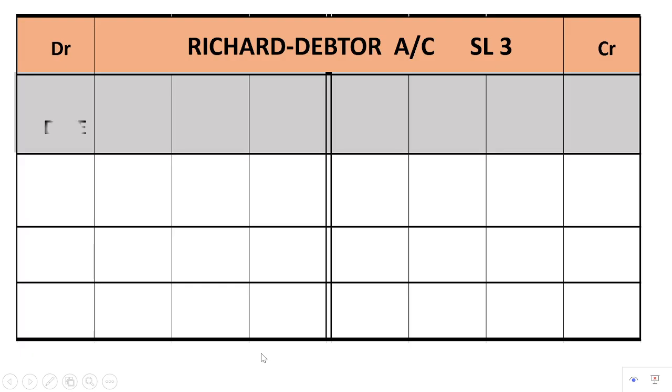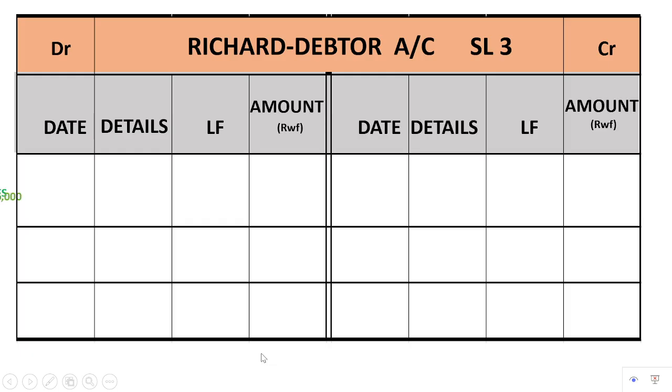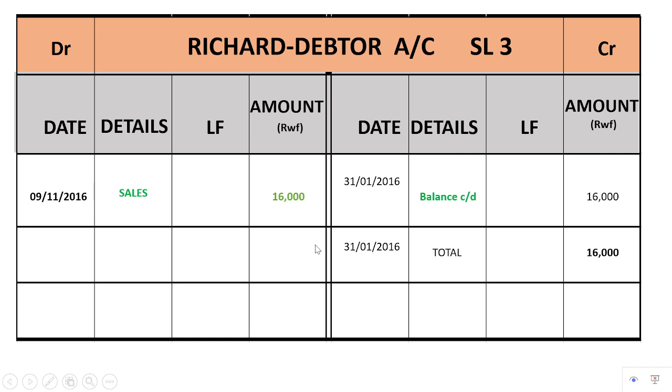Another debtor account is for Richard. A debtor, Richard, also owes the business this amount of money, 16,000, on sales made on 9th January. Then we balance it off. So we need a balancing figure of 16,000 on this side for us to have a total of 16 on credit and a total of 16 on debit.